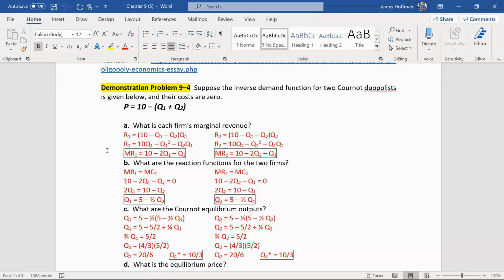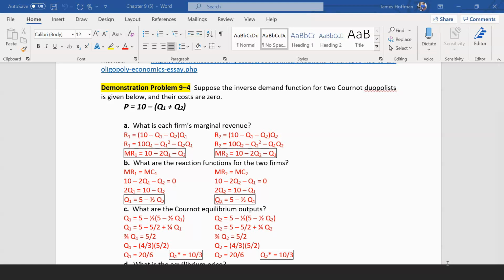Okay, B. What are the reaction functions for the two firms? And so the reaction function is simply you want to use your profit maximizing condition. Remember, that's your profit maximization condition. You did that in the homework for chapter 8.